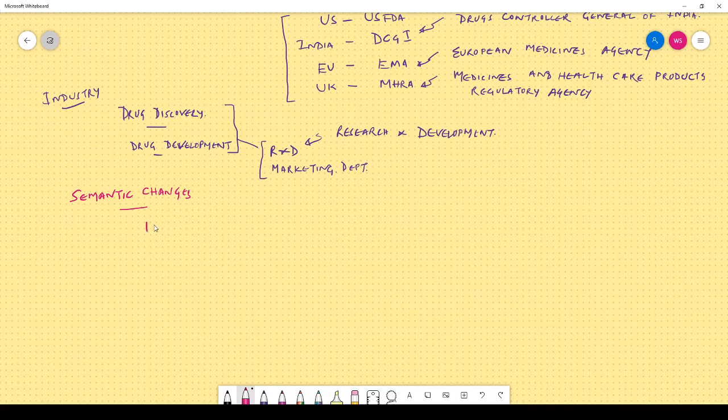So the 12th edition of the Bible of Pharmacology, which is the Goodman and Gilman textbook of therapeutics, there has been a semantic change from drug discovery to drug invention.